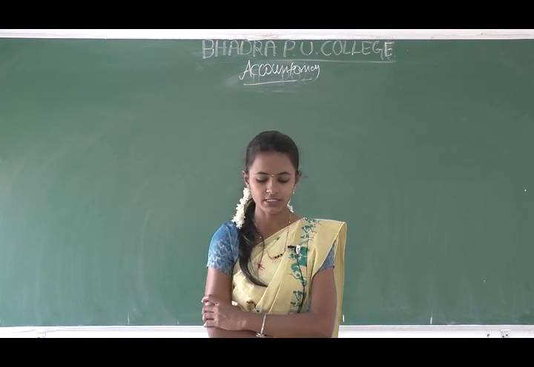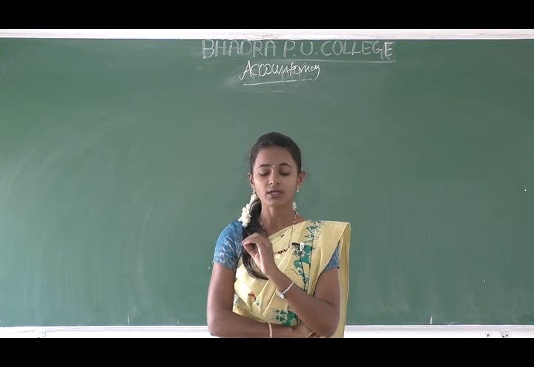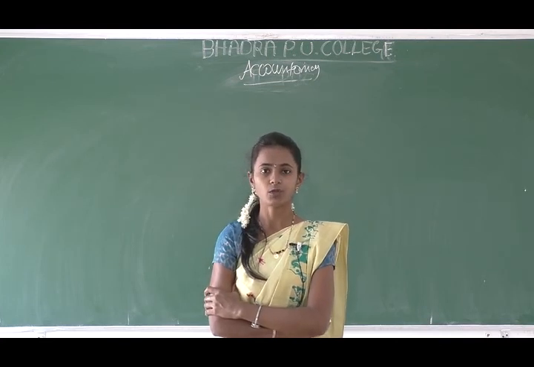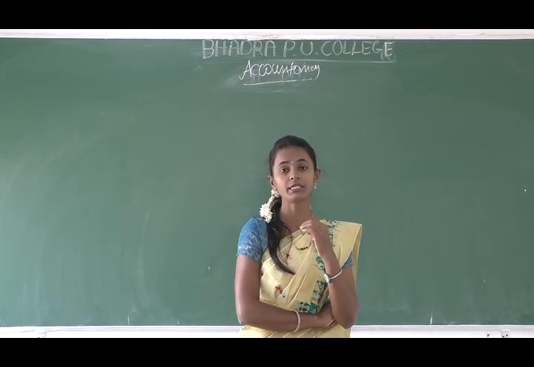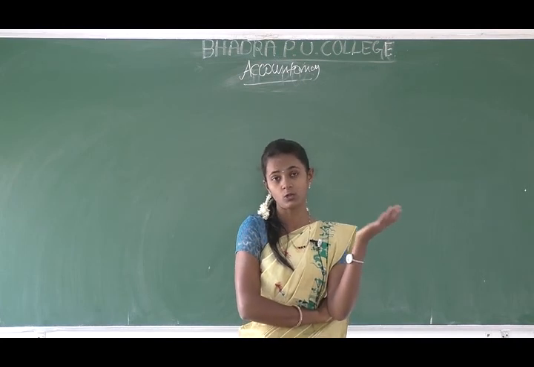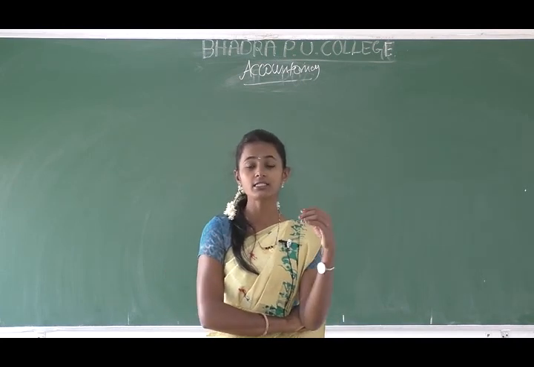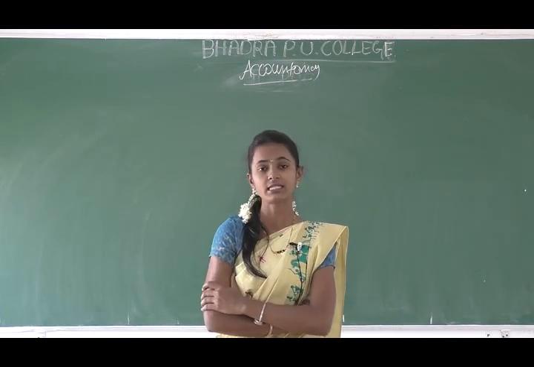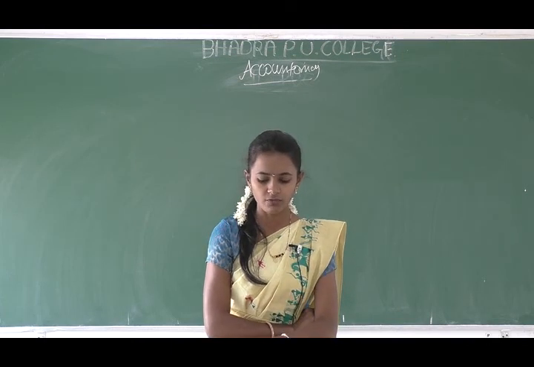Solvency refers to the ability of a concern to meet its long term obligations, not short term, not within a year. It is related to the long term, which obviously means more than 1 year.